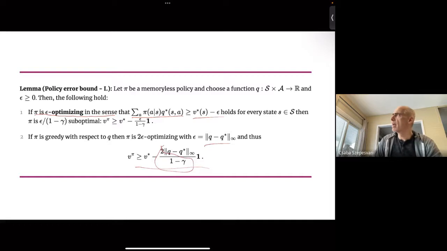And we had a previous result that was saying a similar thing for state value functions. If v is close to v star, then a policy that is greedy with respect to v is going to be near optimal to the degree that v was close to v star. And again, there was this blow-up factor, which was something like 2 gamma over 1 minus gamma.